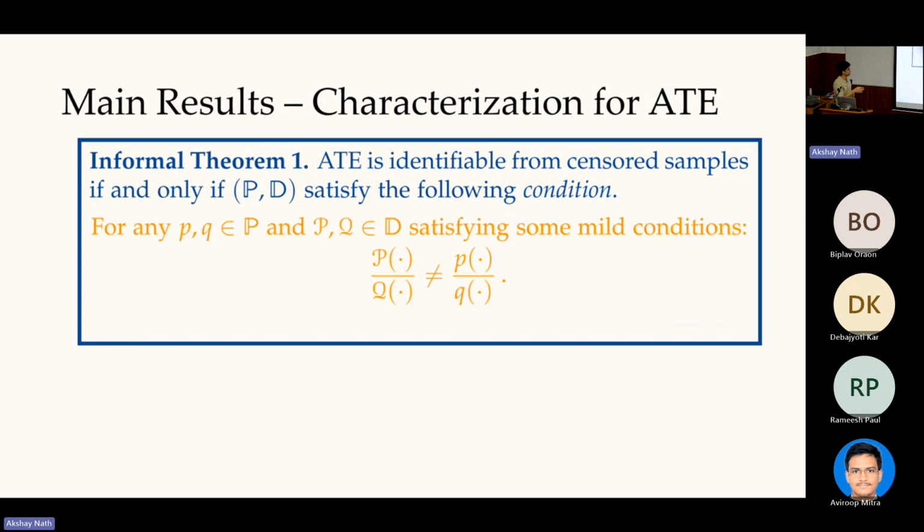In other words, if you have two classes P and D, and you construct new classes which take ratios of pairwise ratios, then these two classes must be distinct in some way. I don't expect you to connect why this is enough or not enough, except that this is perhaps a simple enough condition that, given some class, you can check it.